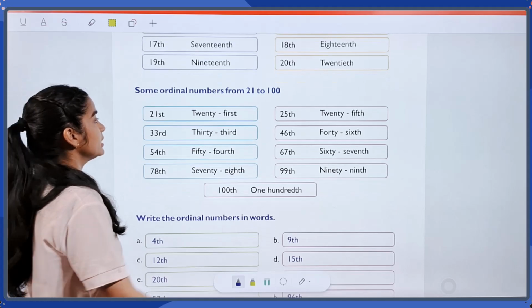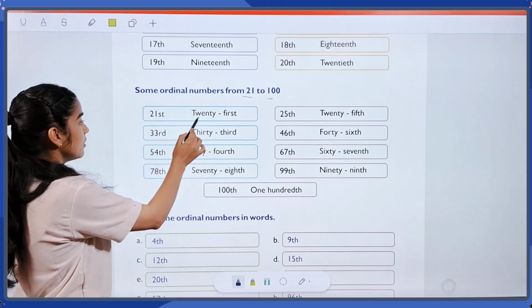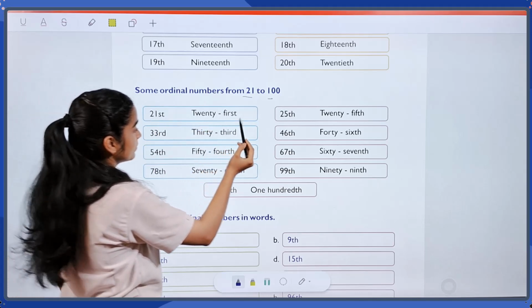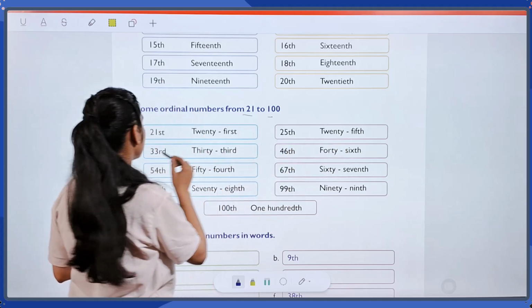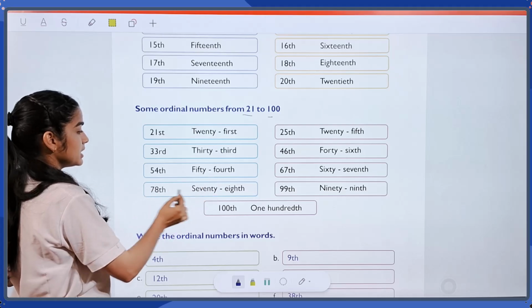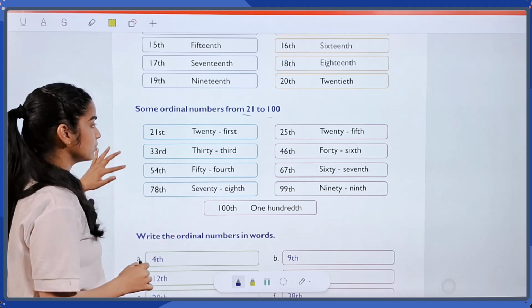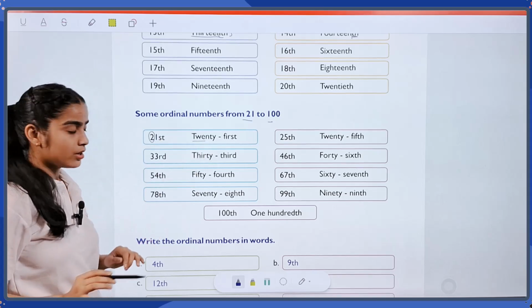Now we have ordinal numbers from 21 to 100. So the same case: 21st, 25th, 33rd, 54th, 78th. Now what you have to do: this is your first number, just write 20 as it is, your prefix.